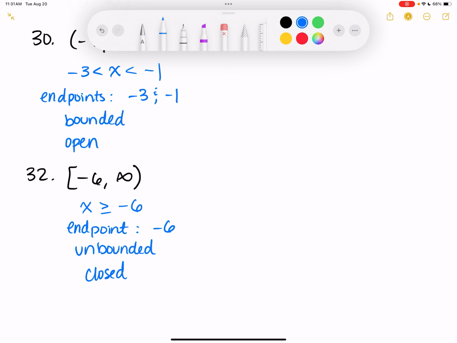In this table. Explain. Whenever there's a bracket with an infinity or negative infinity, it's closed. Versus if it was like a number with a bracket and then another number with a parentheses, that's half open.